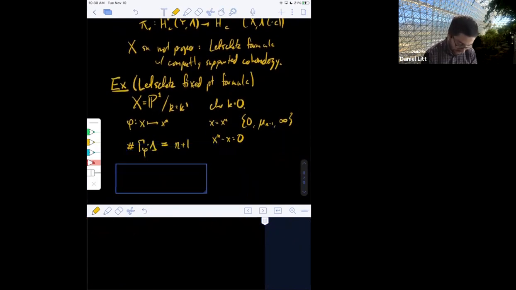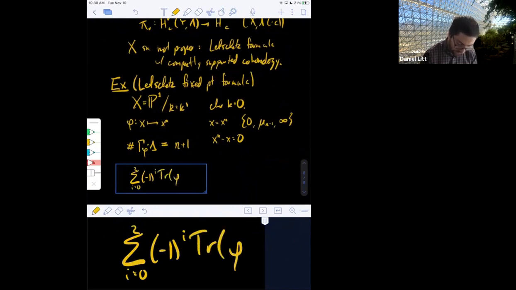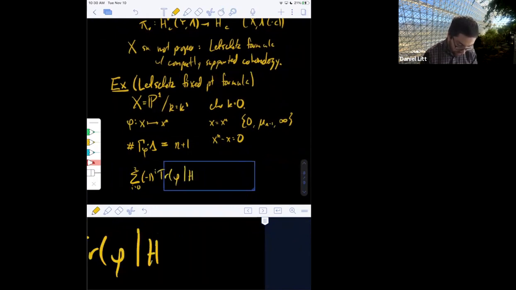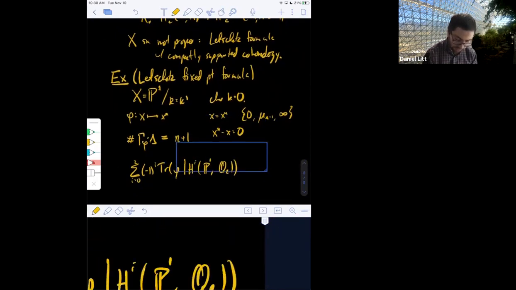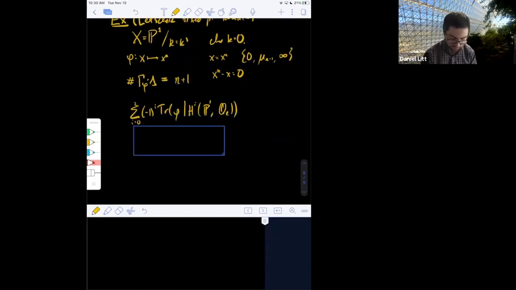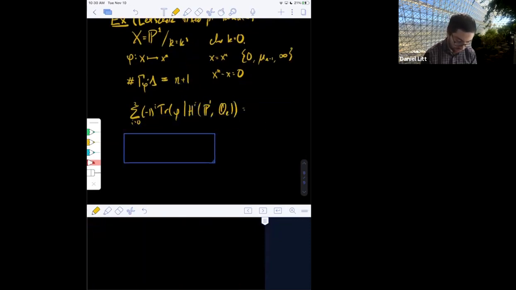So let's compare this now to the sum of (-1)^i, where i goes from 0 to 2, of the trace of phi on H^i of P1 with coefficients in Q_l. So how do we do this? There's no H1, right?